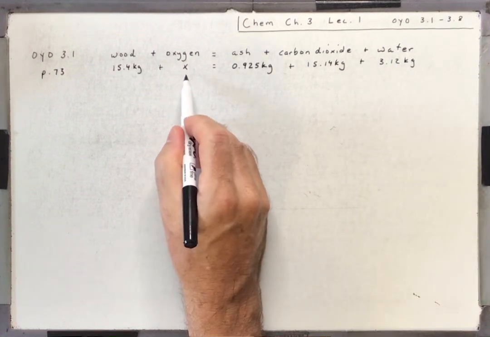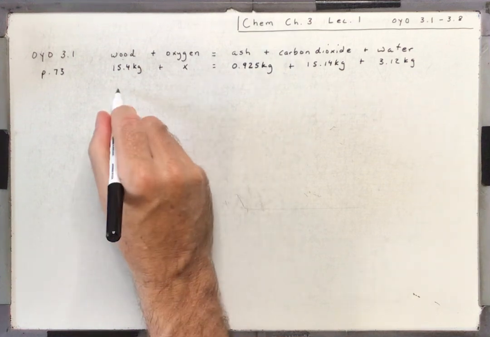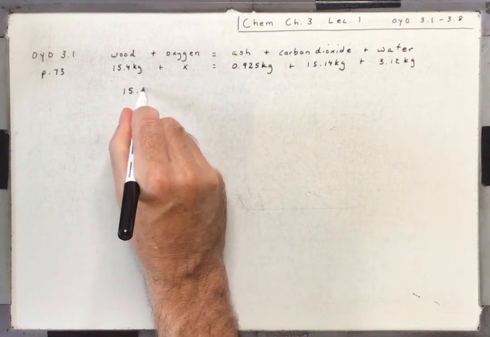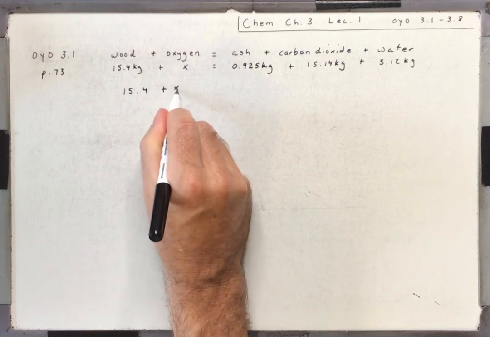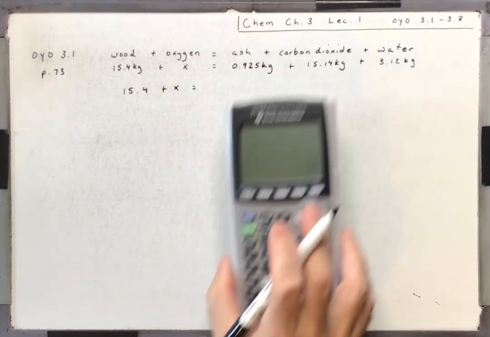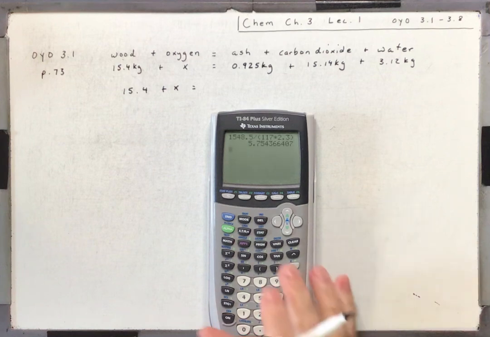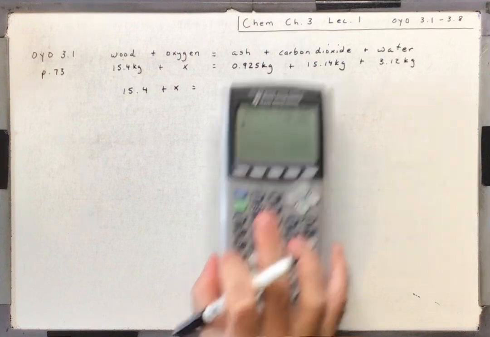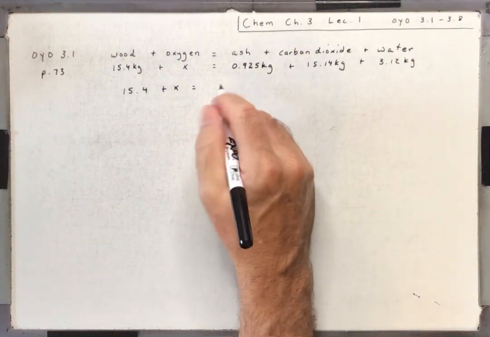Okay, so this is just an equation we're going to solve for x. So we'll get rid of the units for just a second. 15.4 plus x is equal to, and on the right side, we'd have 0.925 plus 15.14 plus 3.12. So that's 19.185.